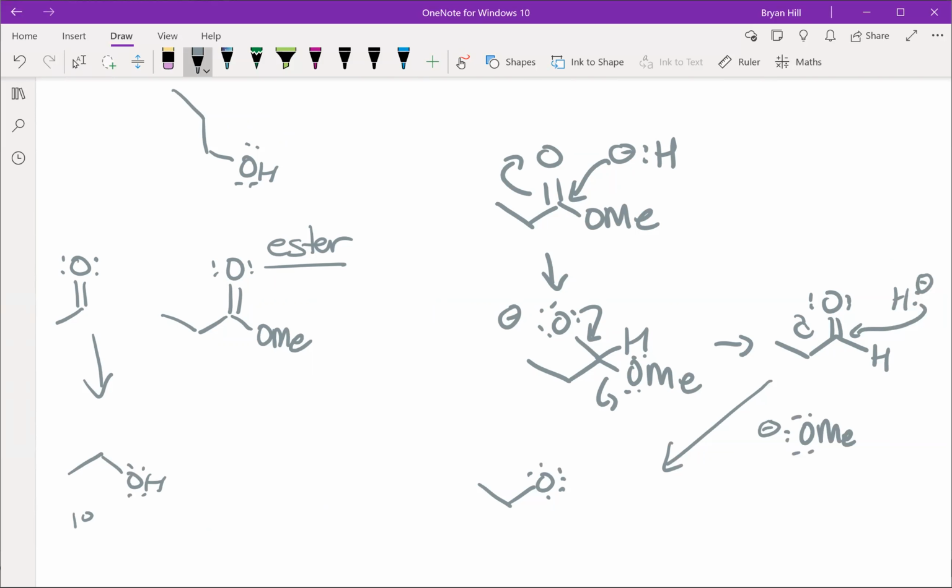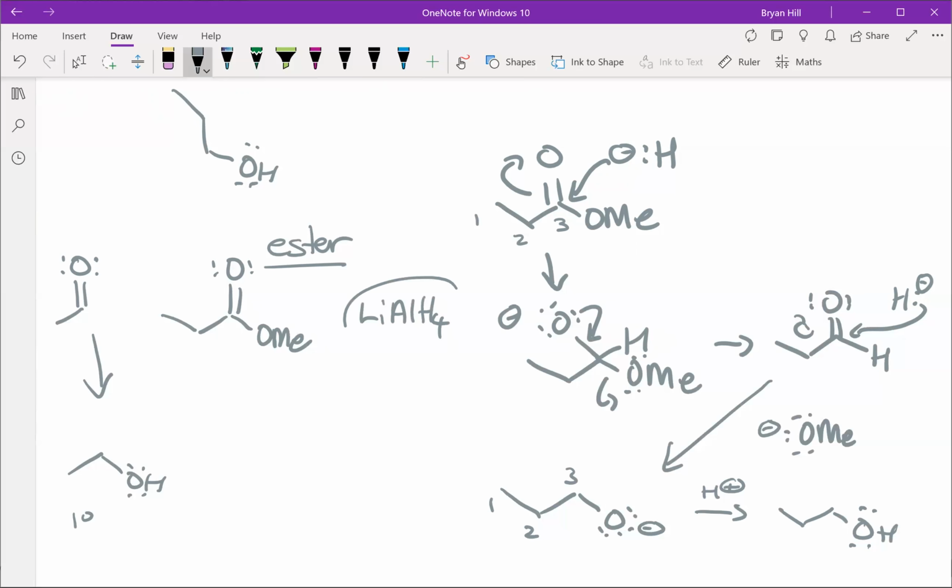I'm missing a carbon. One, two, yeah, you'd have this. And this would hang out because you've got three carbons. This would hang out in this form until you added your H plus, and then it would get protonated. So you get your primary alcohol. You'd get a primary alcohol if you used lithium aluminum hydride. What would happen if you used sodium borohydride?